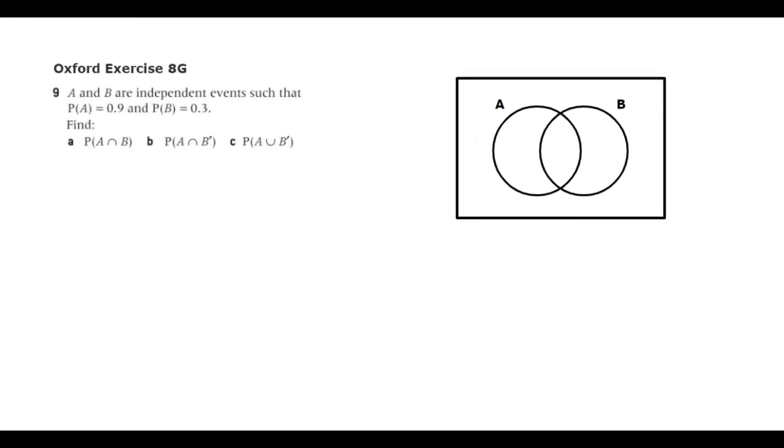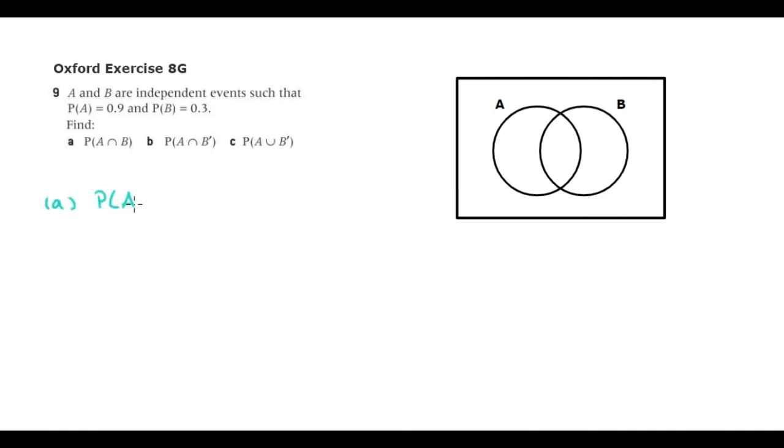Okay, the last problem, we'll look at number 9 from exercise set 8G, where we will put into practice what we just looked at regarding independent events. So A and B are independent events, and we know the probability of A and the probability of B, so we can go ahead and calculate the probability of the intersection simply by chaining those two probabilities together.